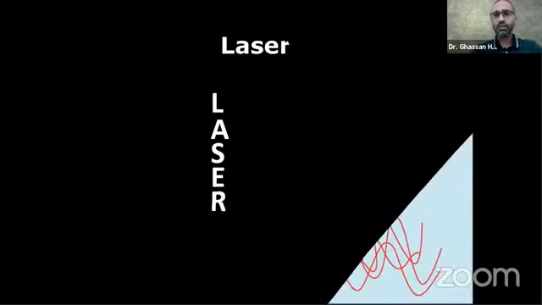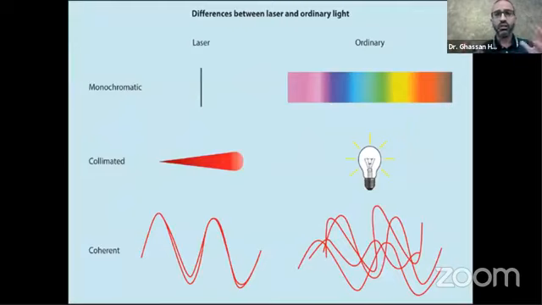We will have a short introduction about lasers. Laser means light amplification by stimulated emission of radiation. Laser is light or light energy. What's the difference between ordinary light and laser?